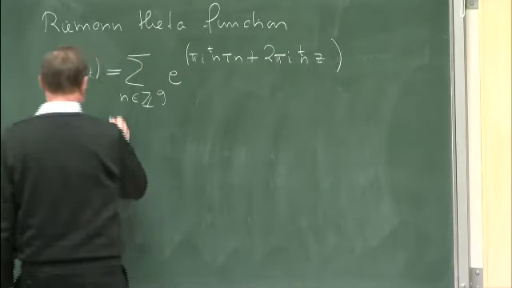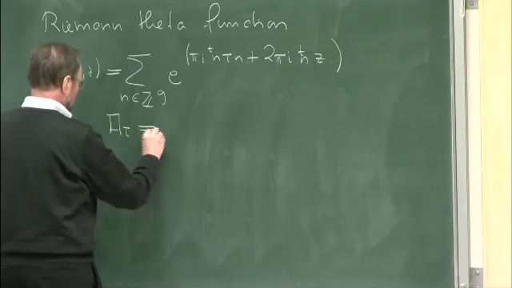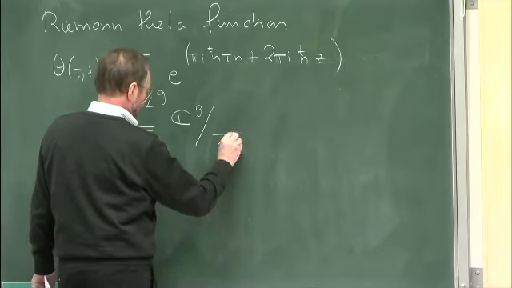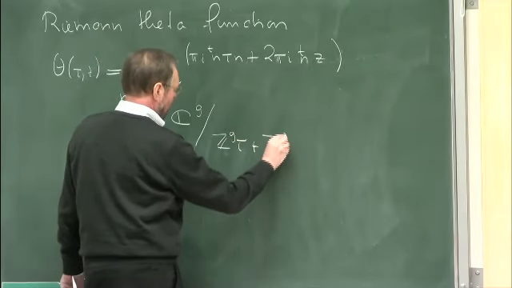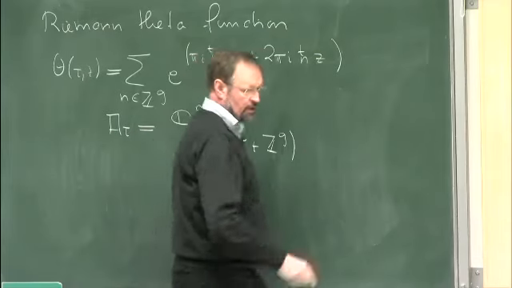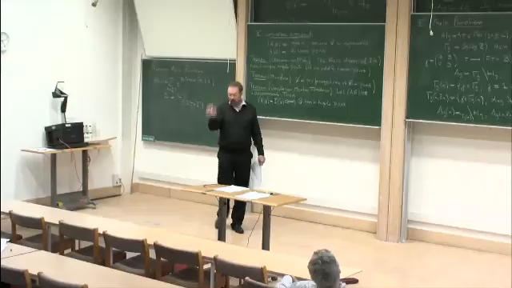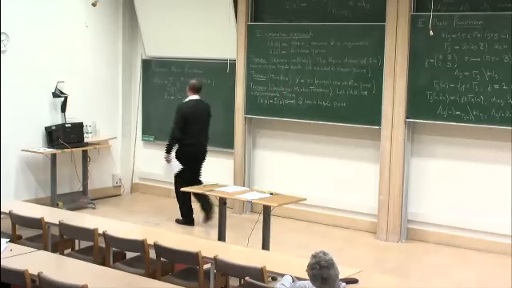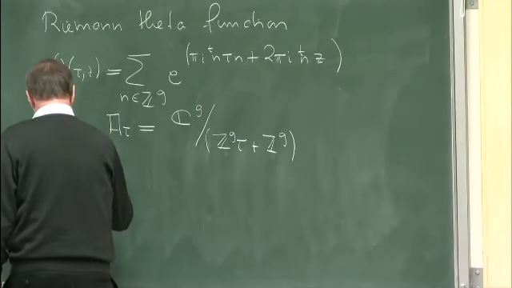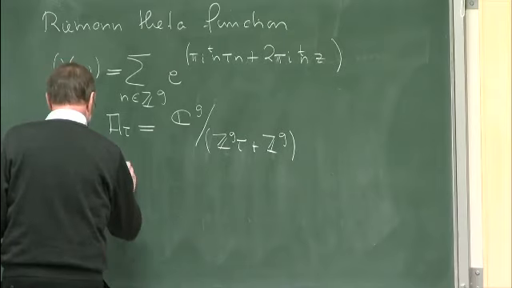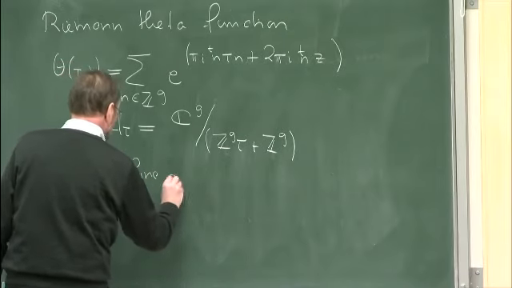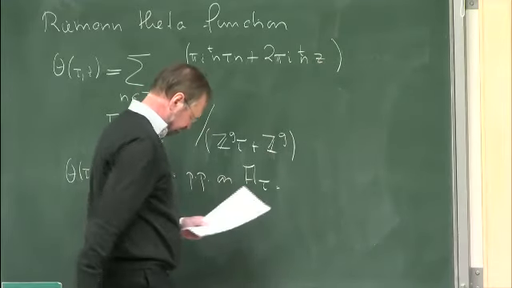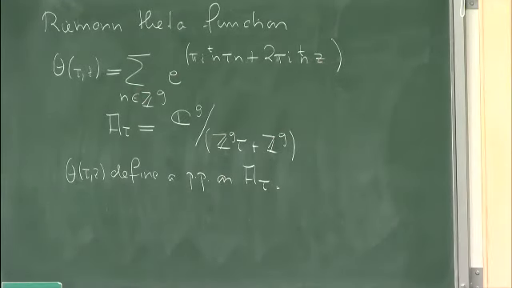Given a point in the Siegel space, we define a torus in this way. So we take the lattice spanned by the unit vectors and the columns of our period matrix, and then theta defines a principal polarization on the abelian variety. That's all very well known.